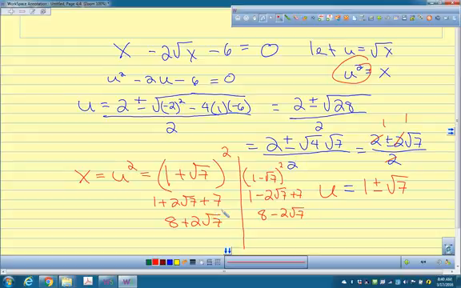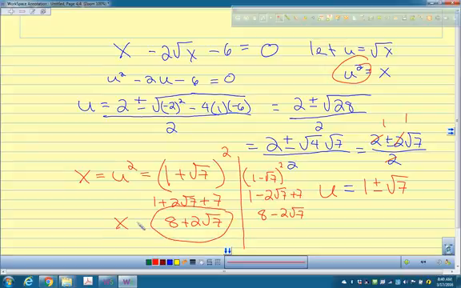Then, what you're supposed to do is plug these both in and make sure they work. Okay? So if I take x equal there and plug it in, do they both work? Oh, you know what? This answer you don't have to worry about, 1 minus root of 7.